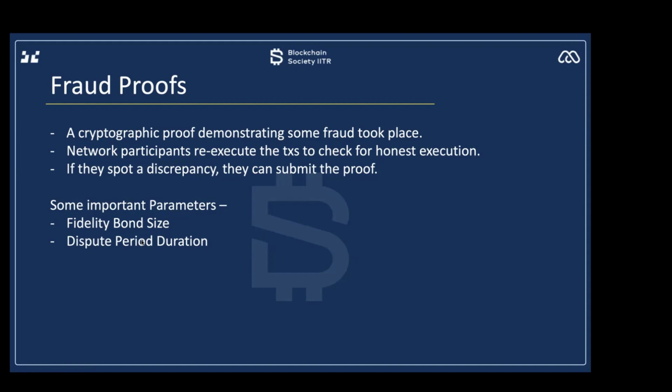So within the dispute period, they have to complete all the state changes, produce their own state and match it with the sequencer's state. The dispute period duration can also be controlled by rollups depending upon what they want. For Arbitrum, it's around 6.4 days. After this duration of 6.4 days, all the transactions that happened on Arbitrum are considered valid and are submitted to the layer. So these are the two important parameters when dealing with fraud.